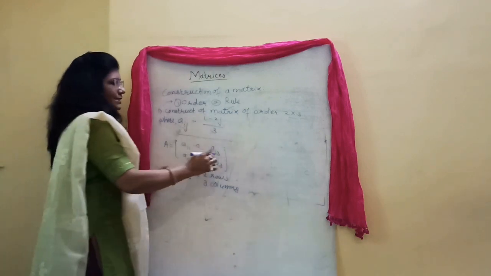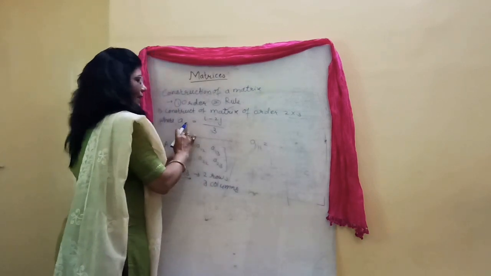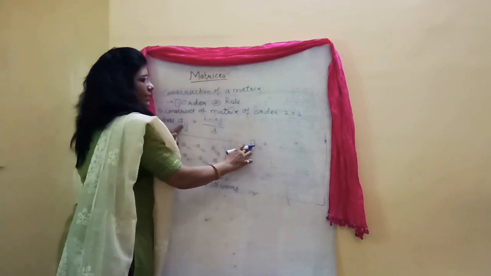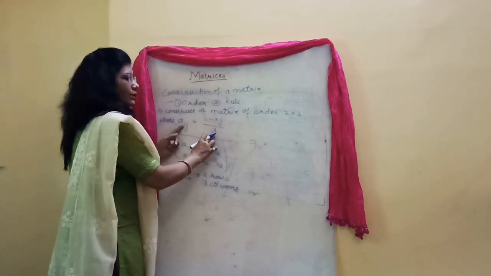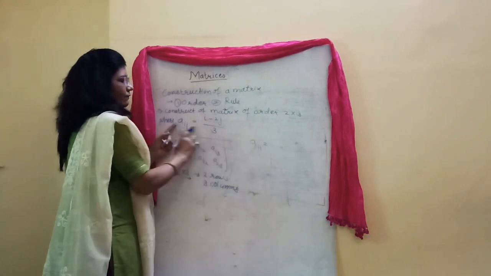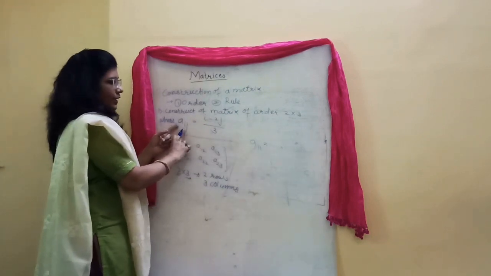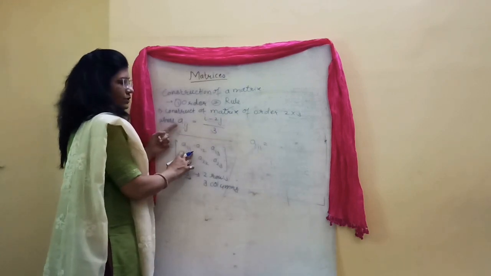So what is the value of a11? a11, that is aij. What is aij? That is (i minus 2j) upon 3. So for a11, we have to compare it with aij. I is 1, j is 1, that is first row, first column.